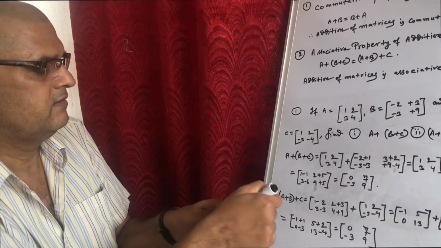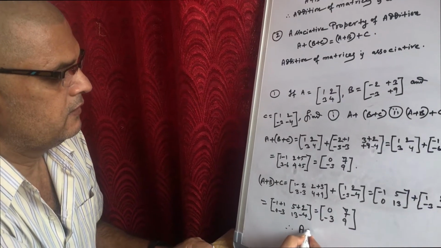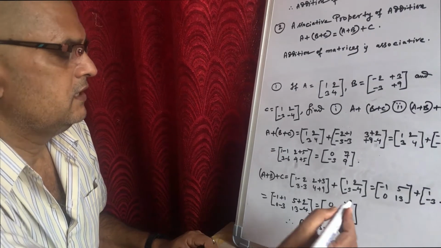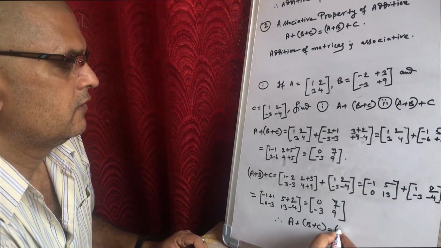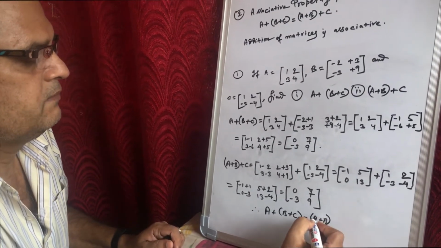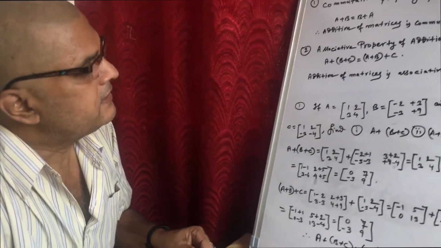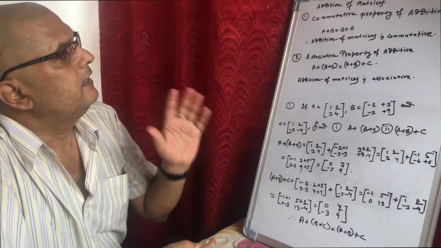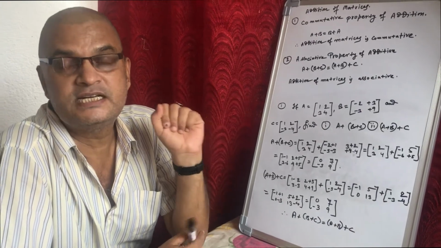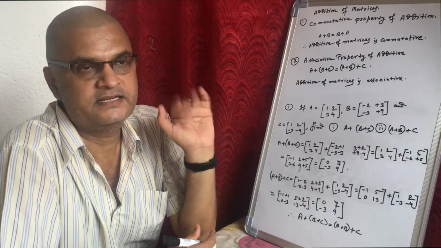So we can say that A plus within bracket B plus C is equal to within bracket A plus B plus C. So we can say that addition of matrices is associative. It follows the associative property of matrices.